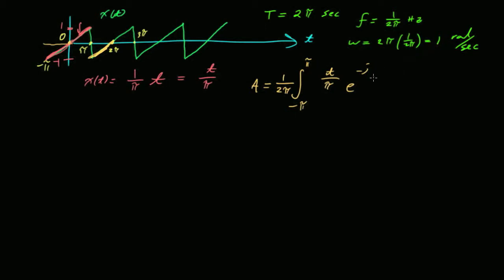So j 1 t dt. And now you got to integrate. Well, that's a mess. What do you want to do about that? Hey, the pi comes out. That's pretty nice.